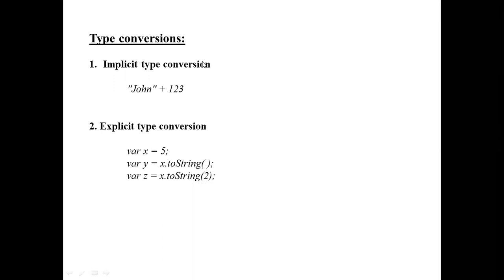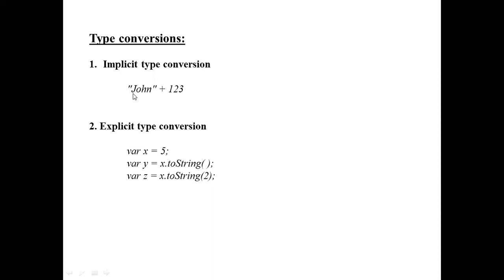Implicit type conversion may take place whenever the expected type is different from the actual type of value given from the user.